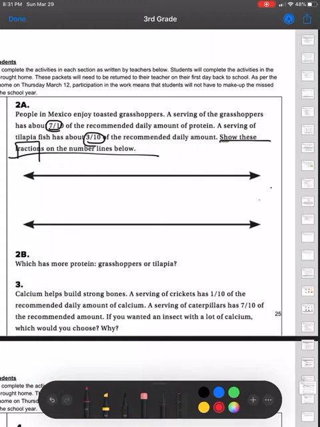If we remember, our number line, when it comes to fractions, starts and ends with 0 and 1. So I'm going to go ahead and write 0 and 1. And then I need to remember to show which number line is which. So I'm going to write G, in green for grasshopper, and in yellow, a T for tilapia. So 7/10.